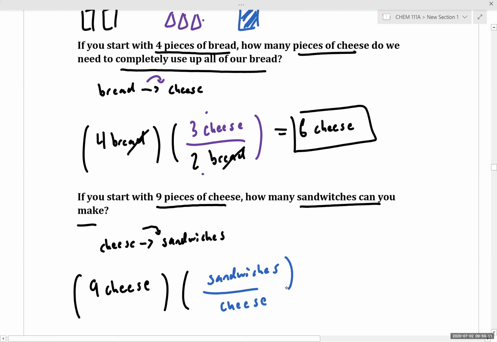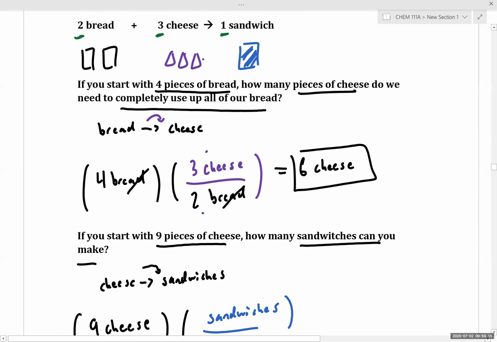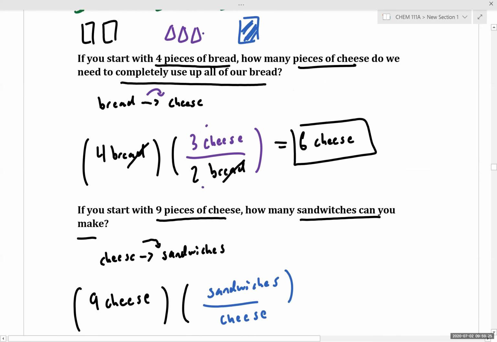What is our stoichiometric ratio? What is our sandwich to cheese ratio? Looking at our picture, 1 to 3. We get 1 sandwich per every 3 pieces of cheese. That in turn gives us 3 sandwiches.